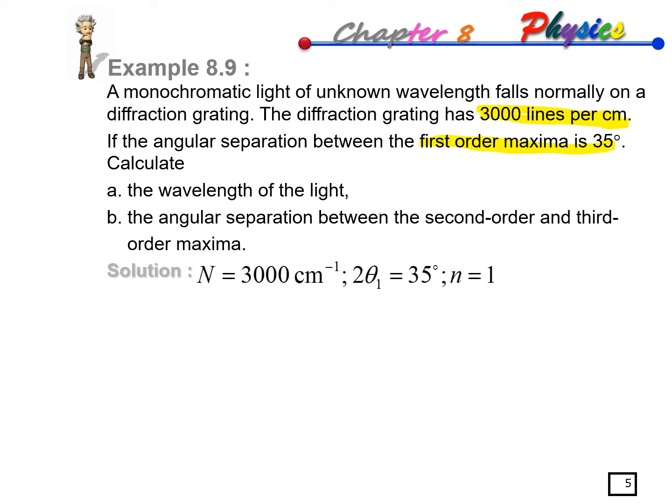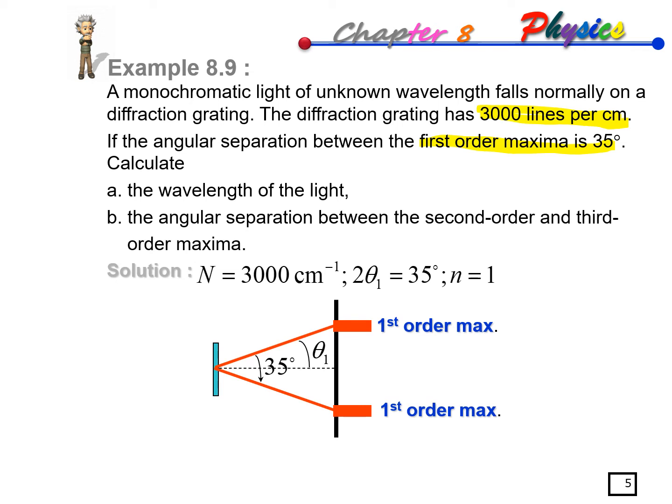Now for this one, the given information: capital N is the number of lines per unit length. The width means the angle from first to first order, so the order will be 1. If we draw it, we will end up with something like this. First order, so the total angle is 35.